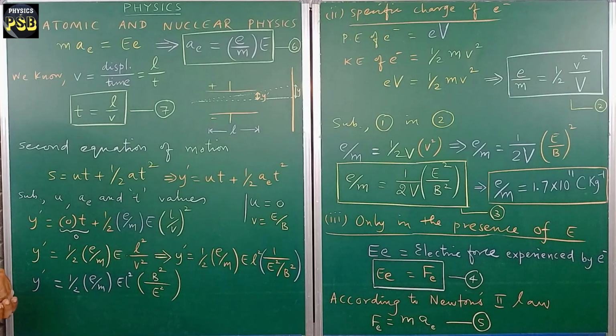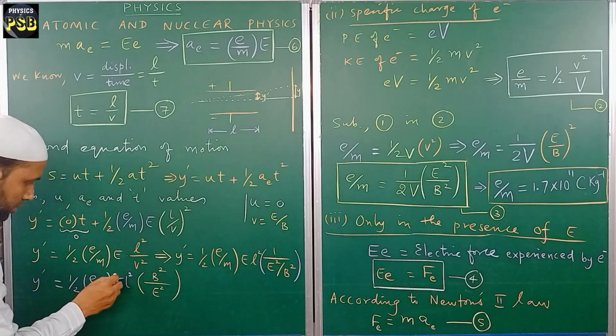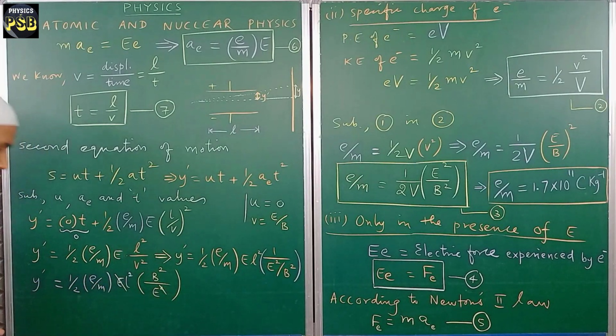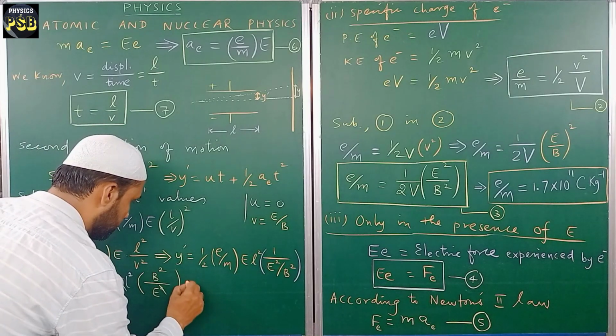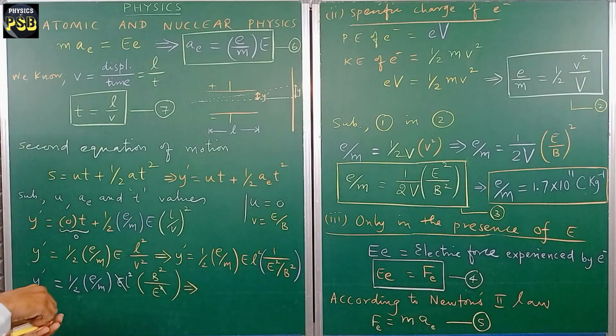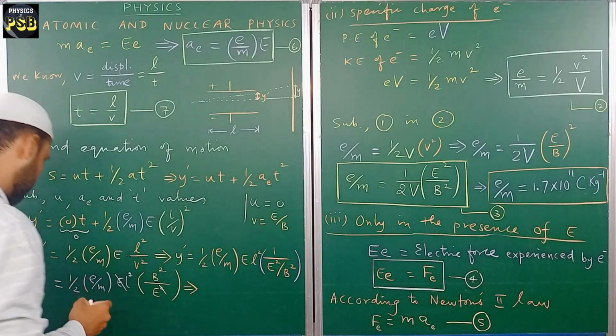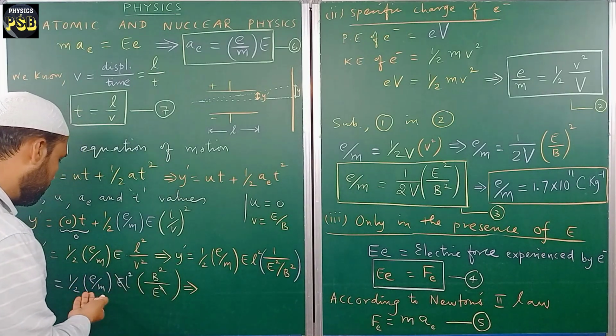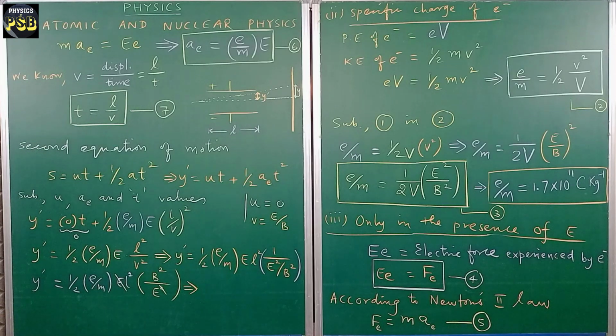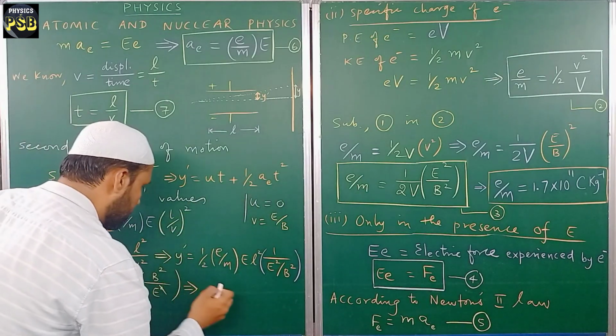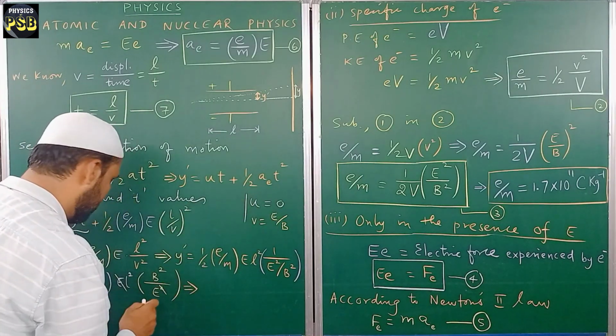Okay, now let's see what happened. E and this get cancelled. The next step, now directly I'm going to skip one step here, and I'm going to write the value of e by m.